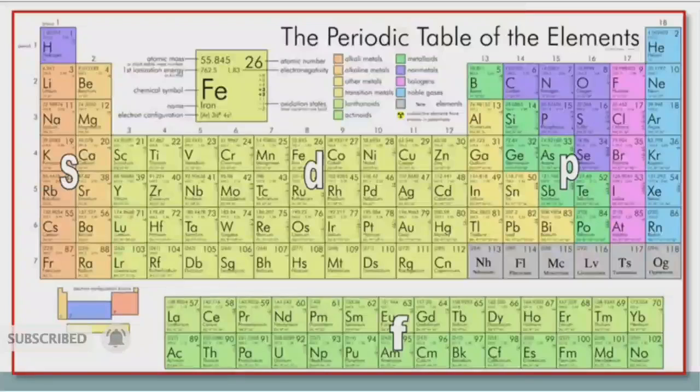F block elements belong to third group 6th period and third group 7th period. Here we can see in third group lutetium and lawrencium. The actual place of the f block elements is that.